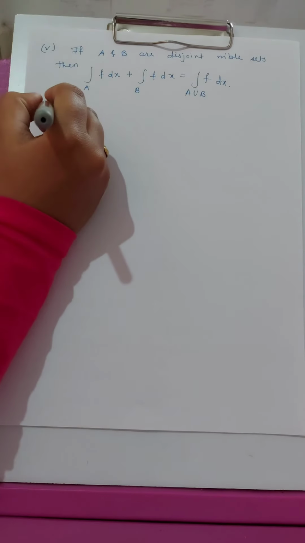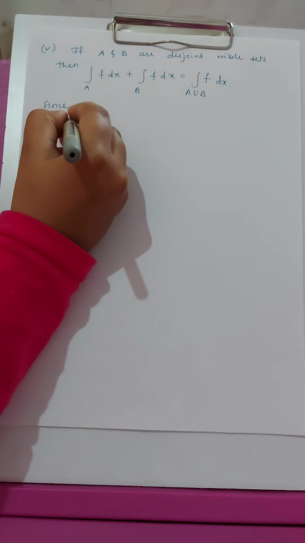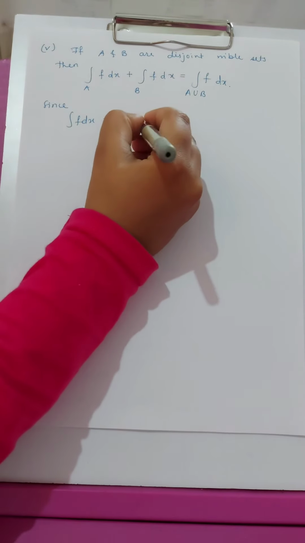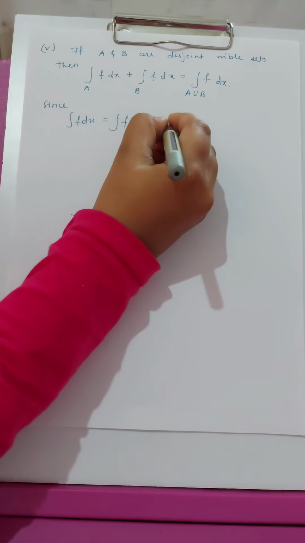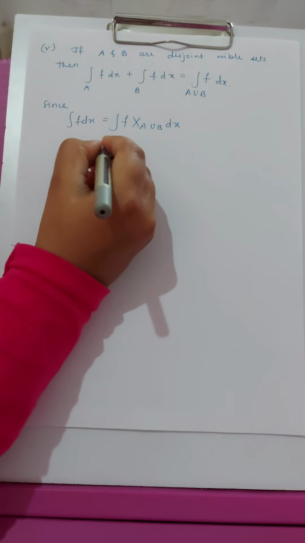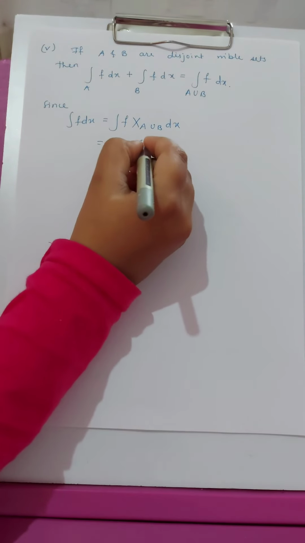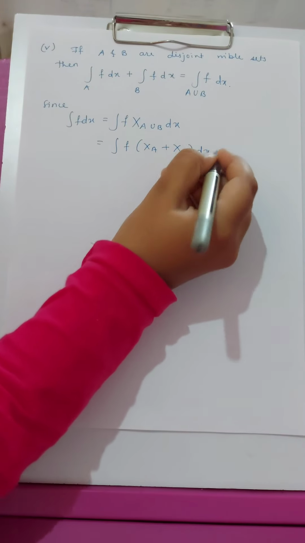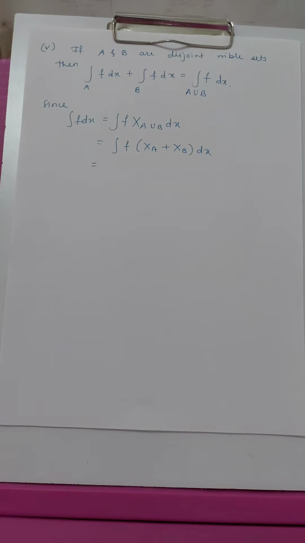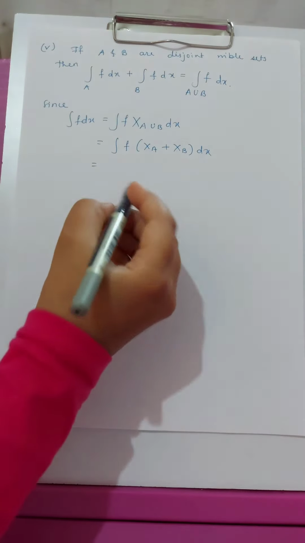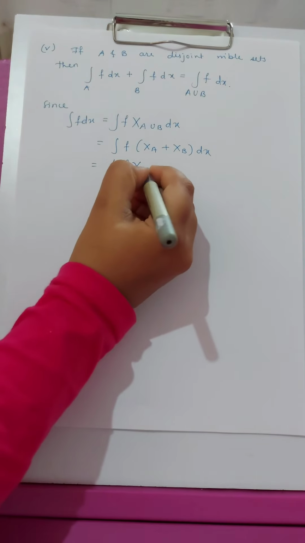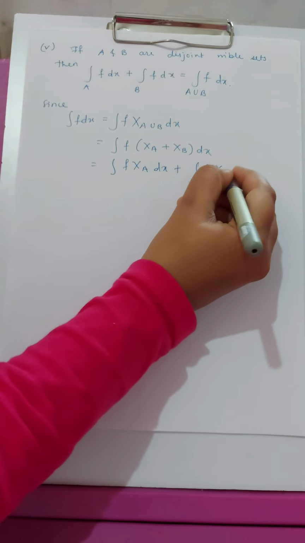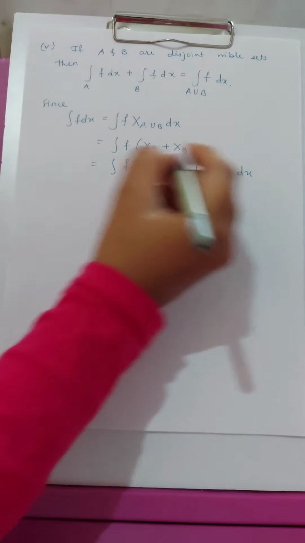Now since integration of f dx is equal to integration of f characteristic function of a union b dx, this implies that integration of f times characteristic function of a plus characteristic function of b dx, this is by theorem. So this implies integration of f characteristic function of a dx plus integration of f characteristic function of b dx.